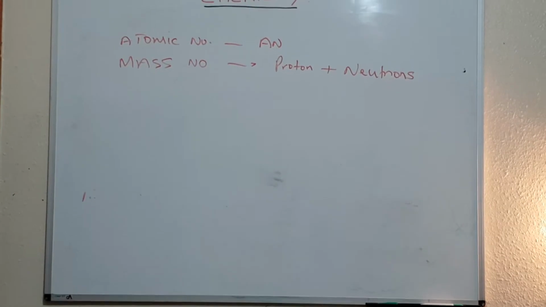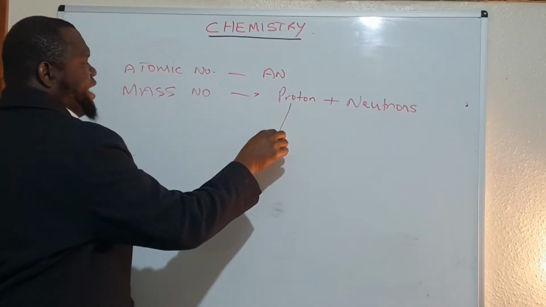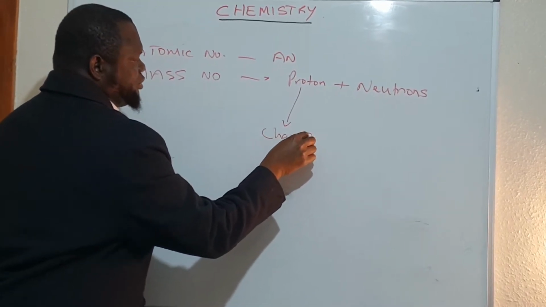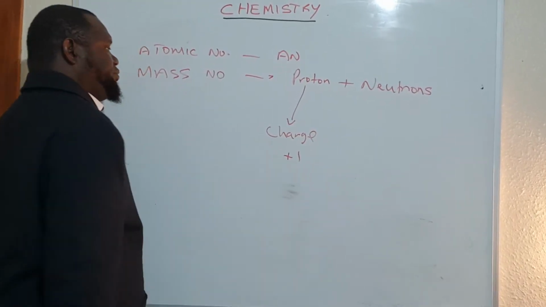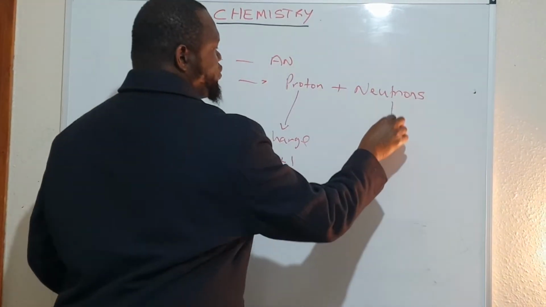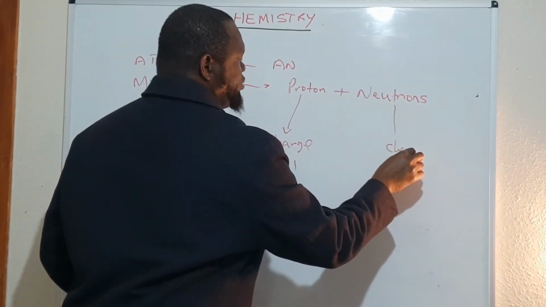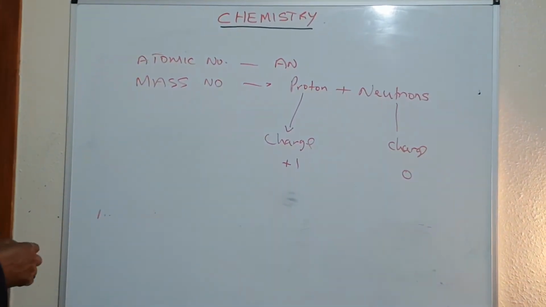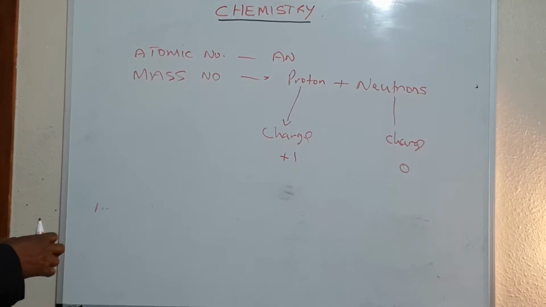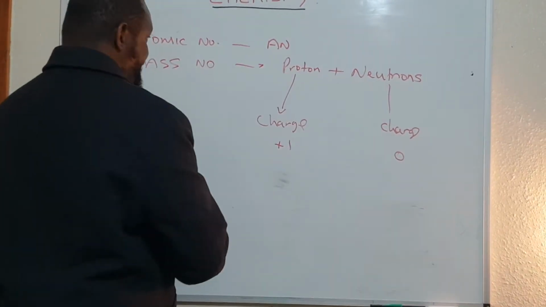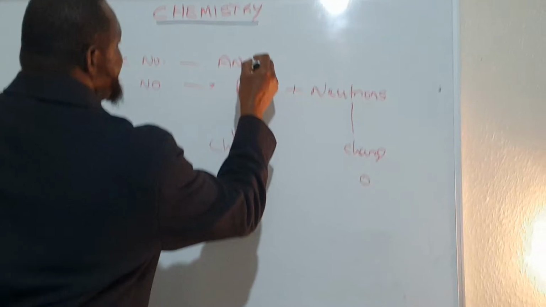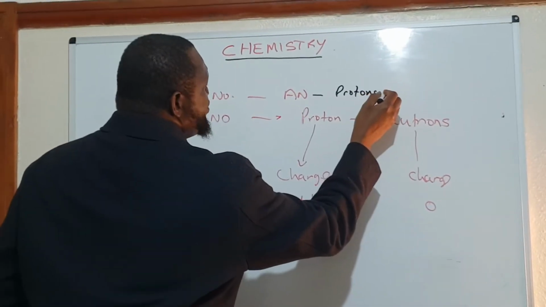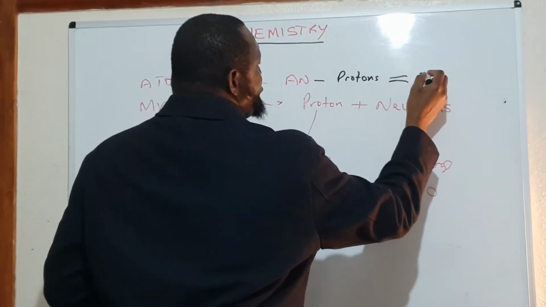And we said that the charge of the proton is what? Positive 1. And the charge of the neutron is neutral, 0. Did we not say that? Yes. So the atomic number, which is written as AN, we say is protons in it, which we say is equal to the number of electrons in it.